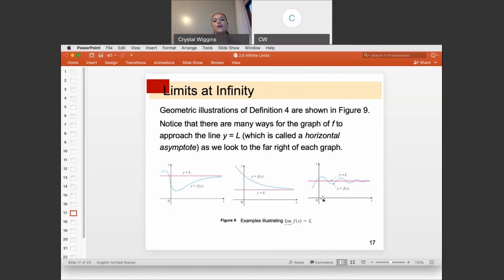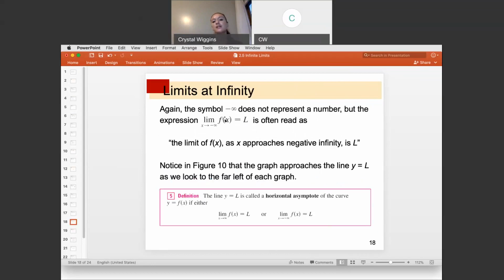Sometimes we have these limits that almost look like the path of a ball bouncing, where a function will bounce, but it will look like gravity's taken its toll and it's getting a smaller, smaller bounce. So it's approaching this midline. Again, the symbol negative infinity doesn't mean a number. It means a really, really small number.